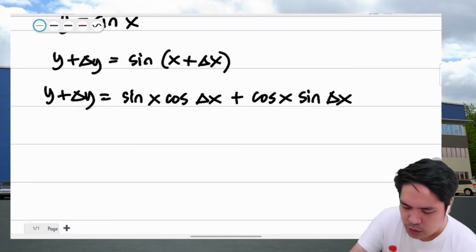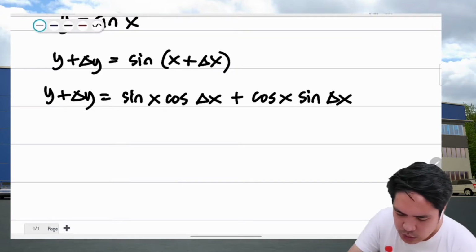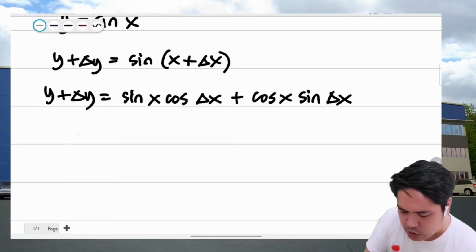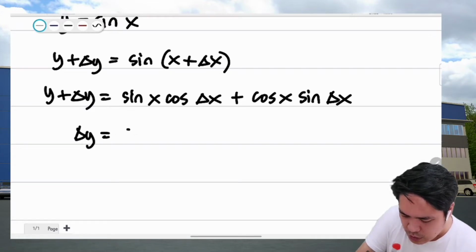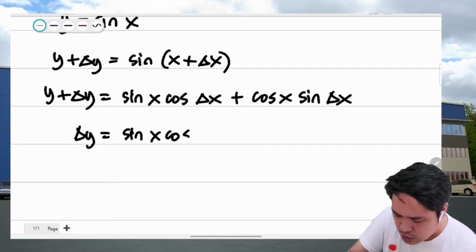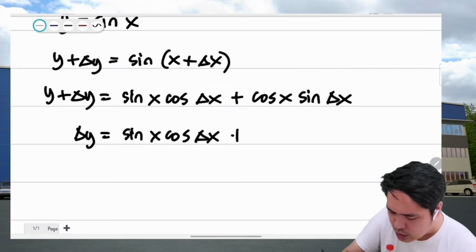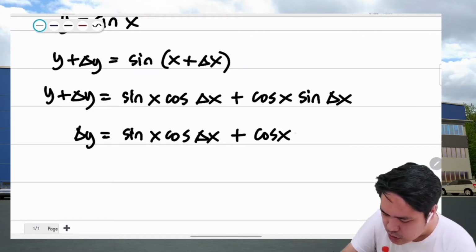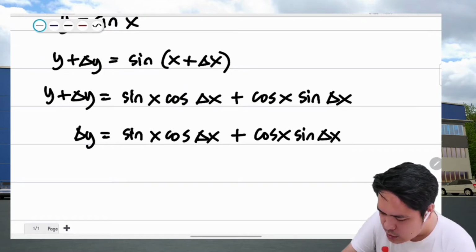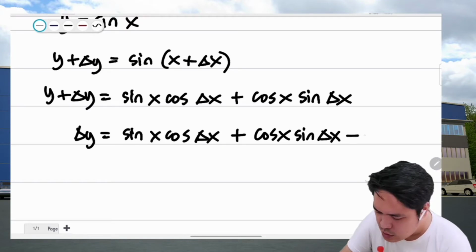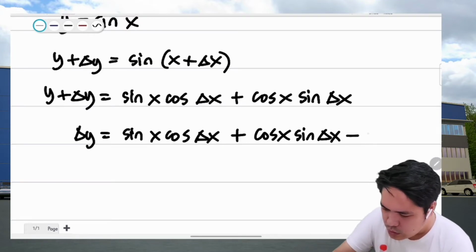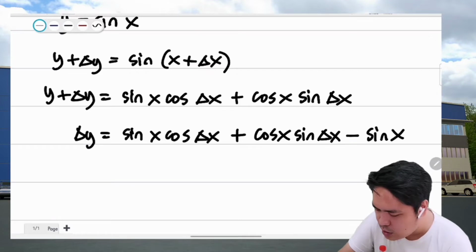Okay? Now, if we transpose y to the other side, we'll have delta y equal to sine x cosine delta x plus cosine x sine delta x minus y, which is just equal to sine x.